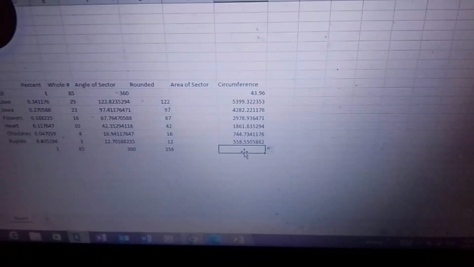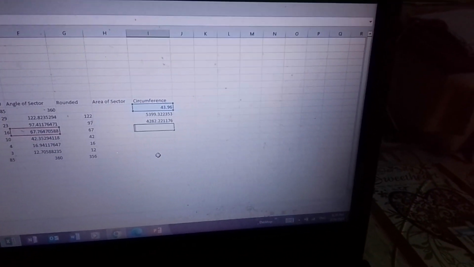Wait, that's not right, because our circumference is way too big. I wasn't expecting something like that. Oh, I forgot to divide that by 360. So it should be like this. This one, then a dollar sign. Remember, that is the circumference of the real circle, and then multiplied by the angle that you want.